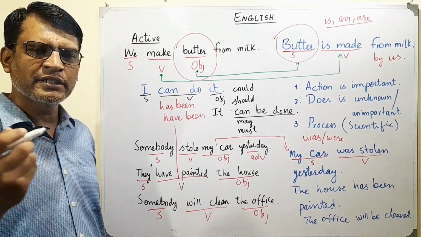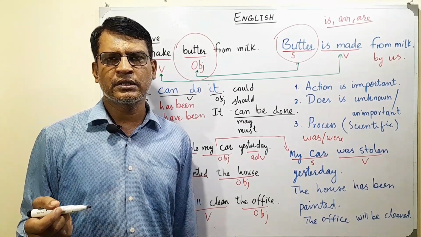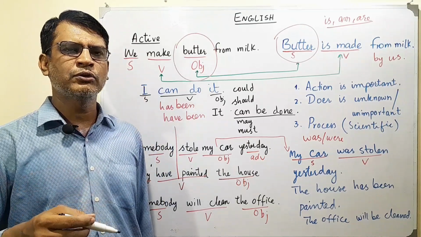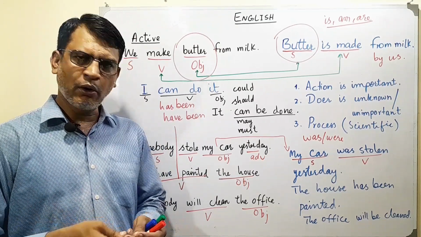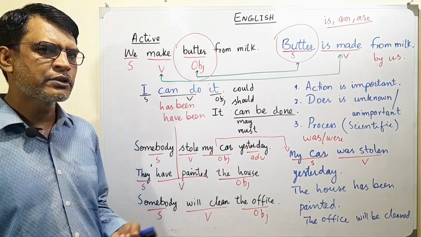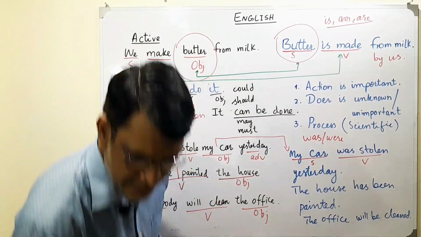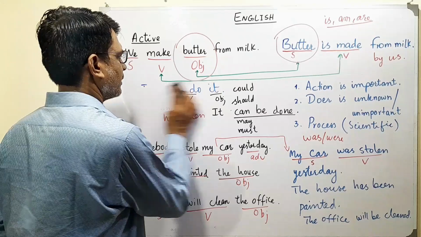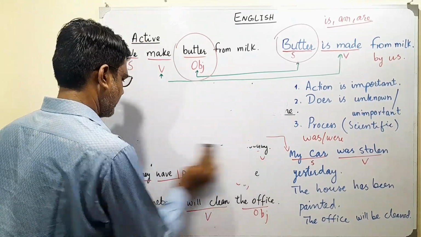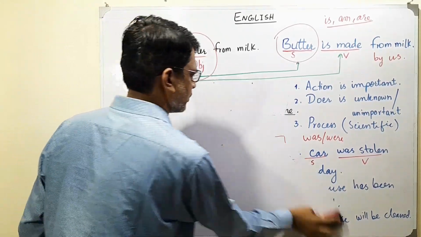And if it is might, if it is ought to, if it is have to, has to, in all these cases, we will use the same kind of pattern. Okay, let's see a few more examples that would help you understand it a bit more.